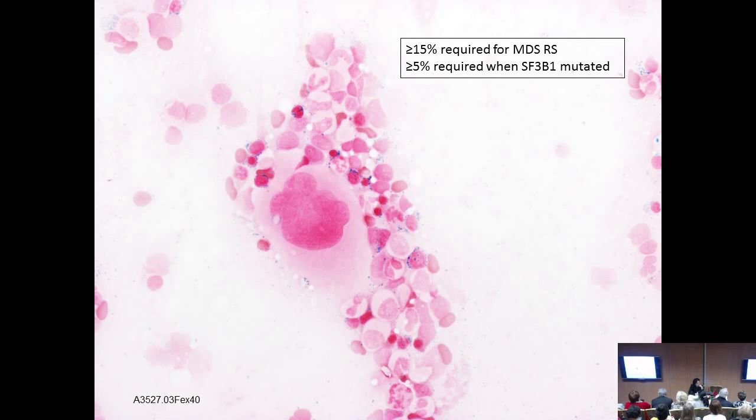So most cases of MDS with ring sideroblasts show a mutation of this splice factor gene SF3B1.